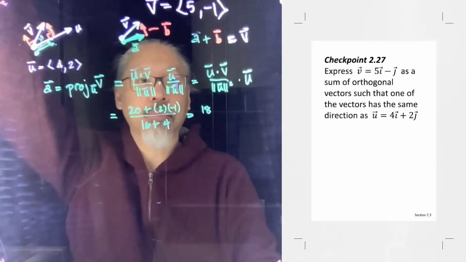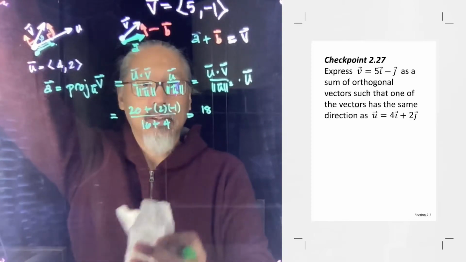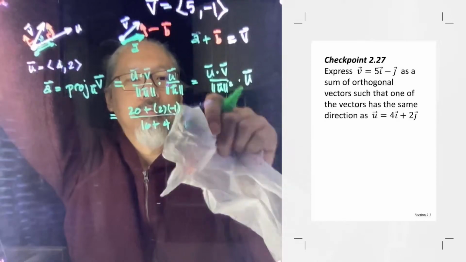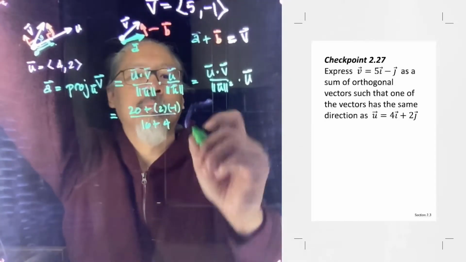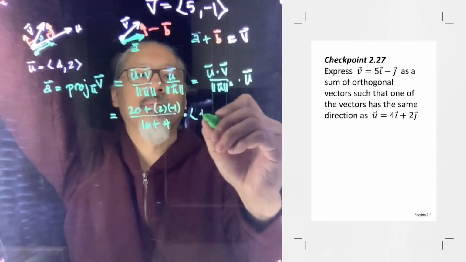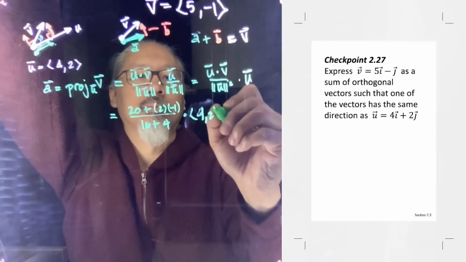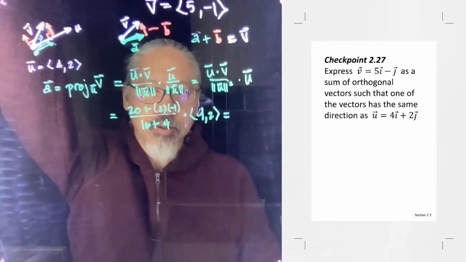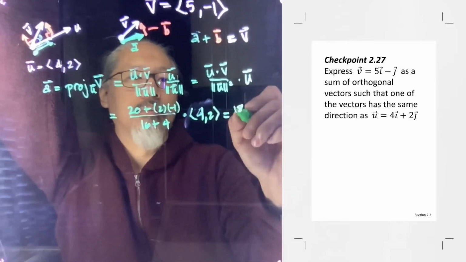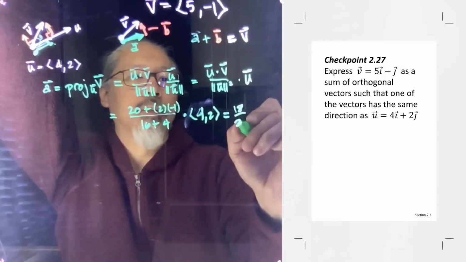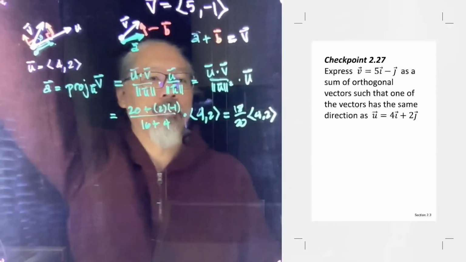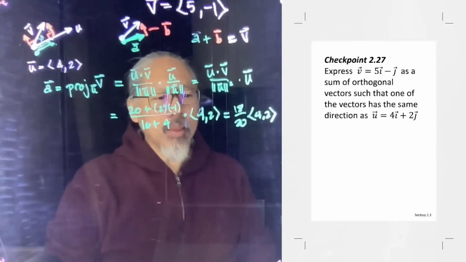Oops, we need to multiply by the vector u, so let's not forget about that multiplication. Multiply that by the vector u, which is 4, 2. And that will leave us with 20 minus 2 is 18, over 20, and the 4 and the 2.